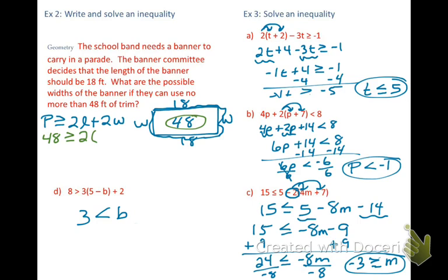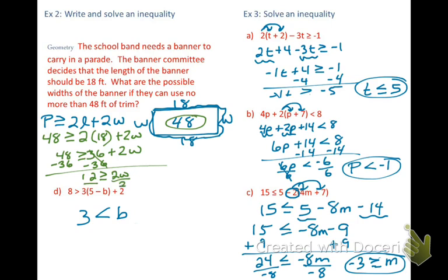And it's 2 times 18, that's my length, plus 2W. We have to find out what 2 times 18 is. And that's 36. Subtract 36 from both sides. 2W is less than or equal to 12.